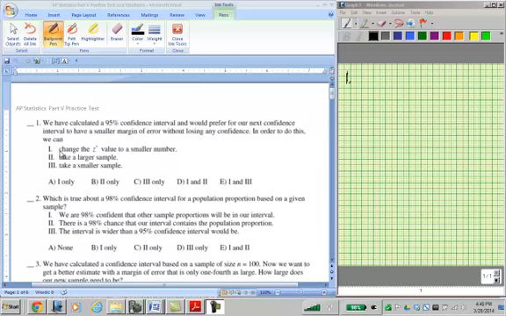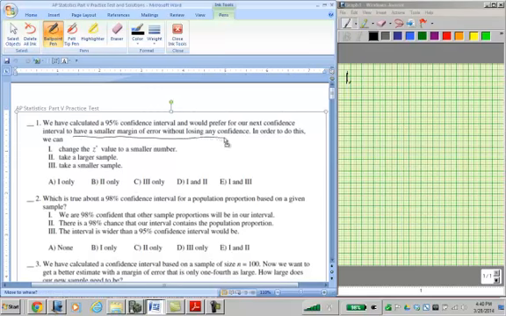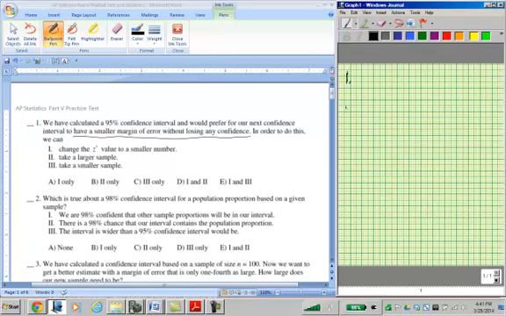Number one, this is from the first practice test. You want to have a smaller margin of error without losing any confidence. So the margin of error equals Z star, that's the number of standard deviations to attain the level of confidence desired, times the standard error.